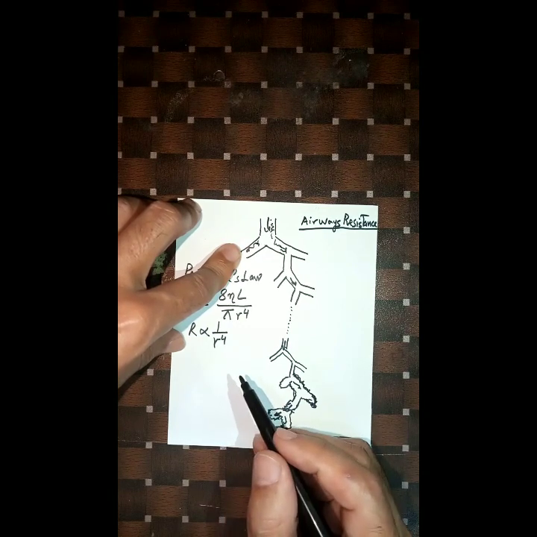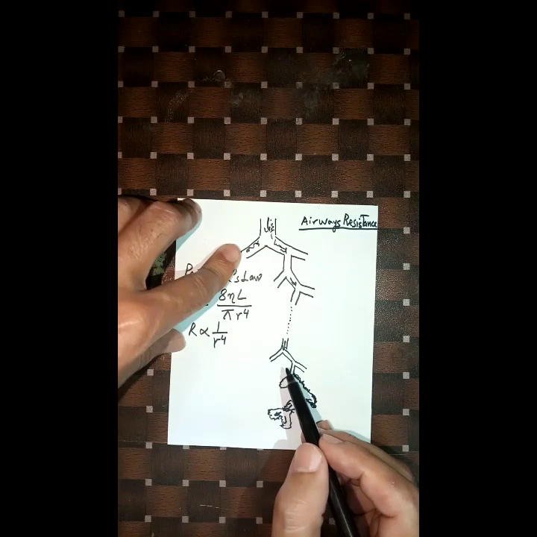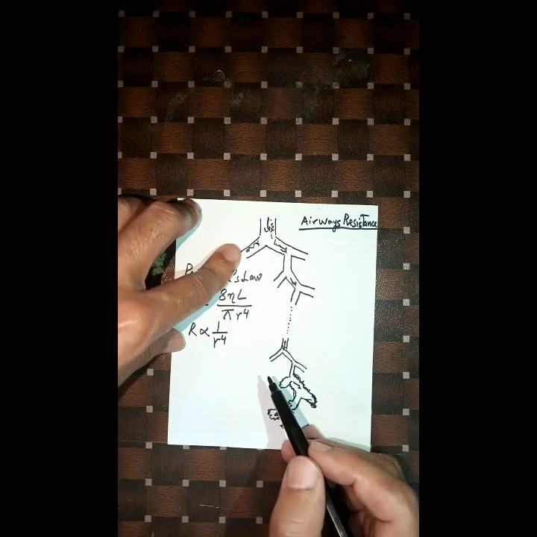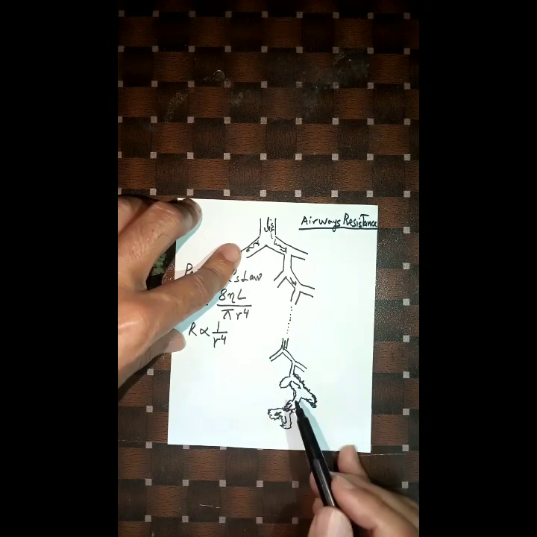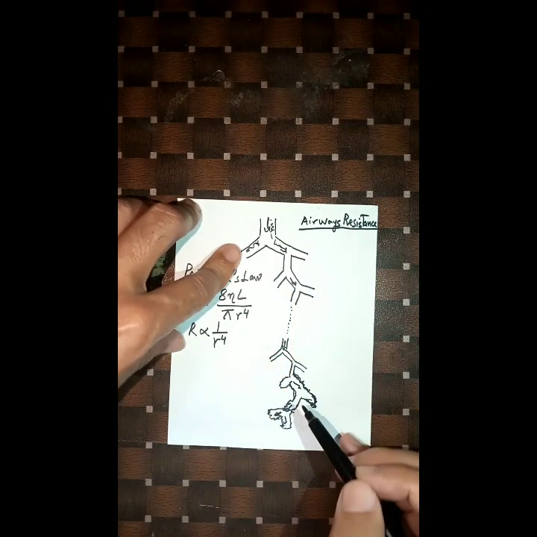Bronchoconstriction occurs by the histamine release from mast cells either by tissue damage or allergic reaction, and bronchodilation occurs due to increased carbon dioxide in expired air.